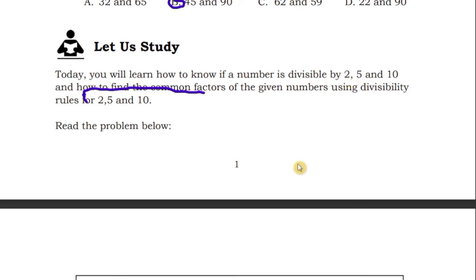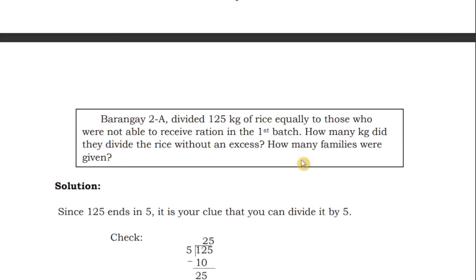Okay, we have here a certain problem. In the box: Barangay 2-A divided 125 kilograms of rice equally among those who were not able to receive a ration in the first batch. How many kilograms, abbreviated kg, which stands for kilogram?